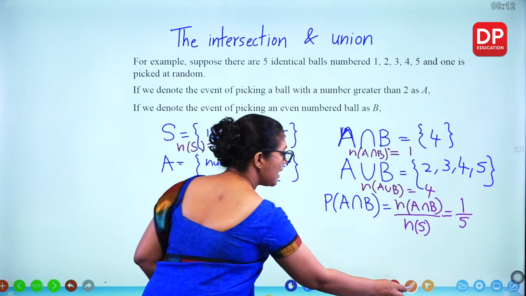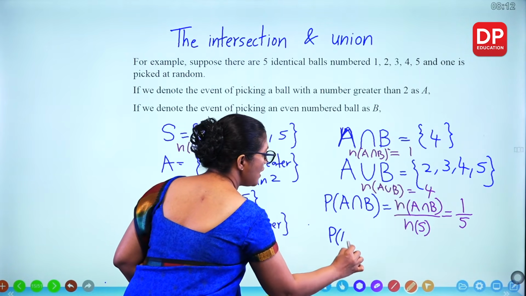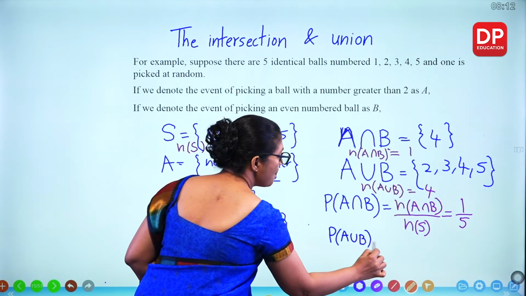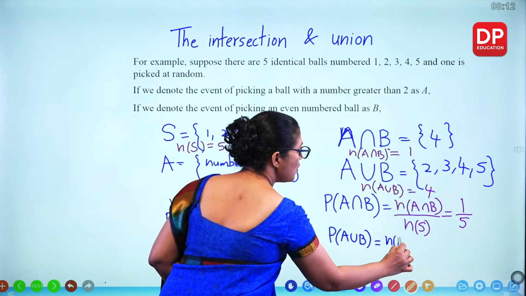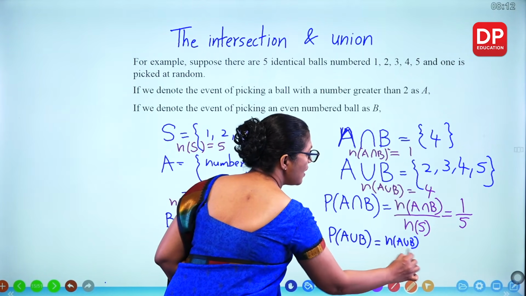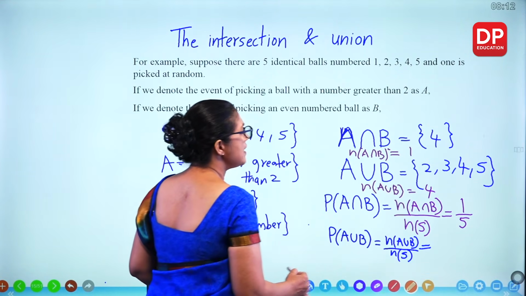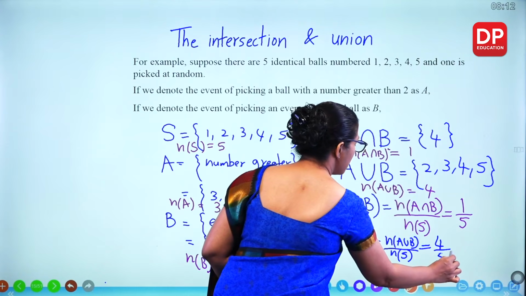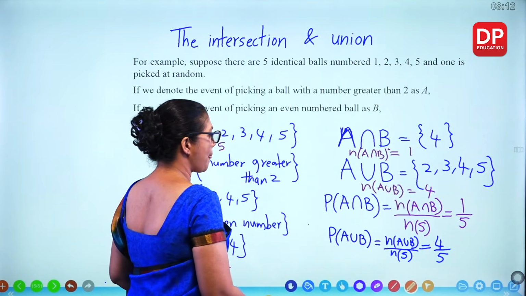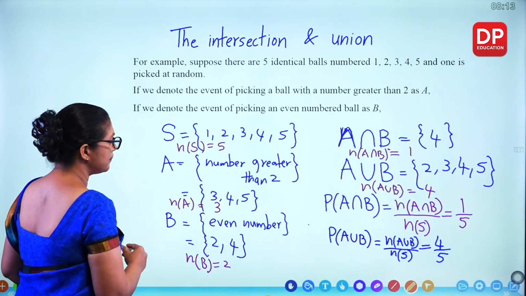Now we'll calculate the probability of the union, probability of A union B. What's the probability? n(A union B) over n(S). A union B is 4, so 4 over 5. Now, what's the probability of getting A?